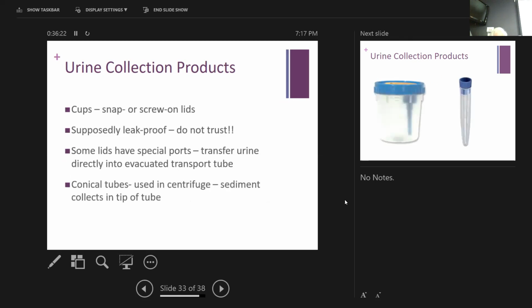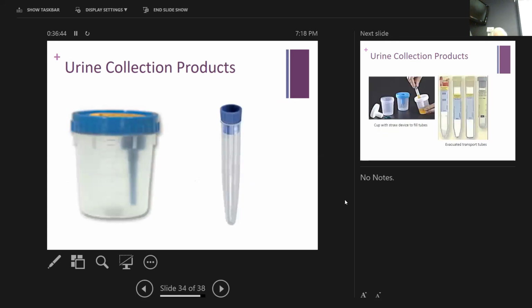You saw the cups the other day. Don't ever trust them not to leak. Some lids are specially designed to transfer the urine to something else. And then we have some conical tubes, which we will be using on Wednesday to centrifuge samples.